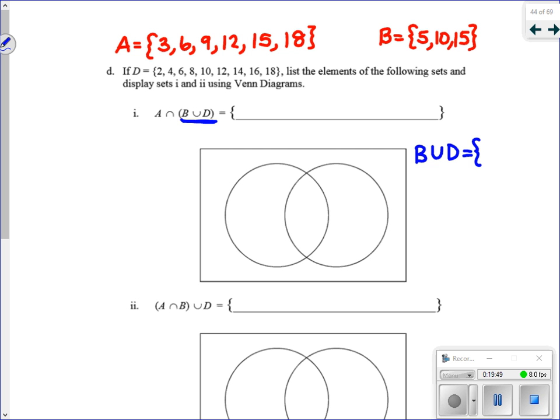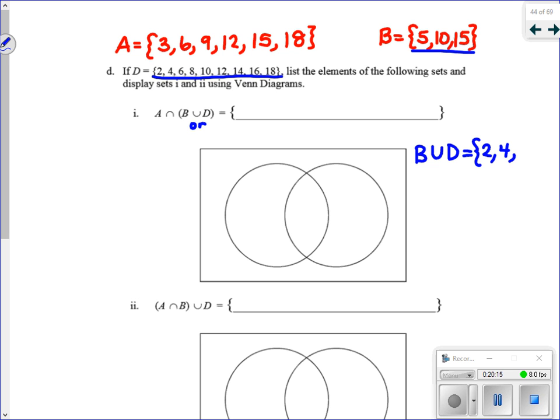So B union D, that means the union means or, right? So this is where they're elements of set B or set D or both. Okay, so let's see. Elements of B or D, or both. Okay, so that would be 2, 4.